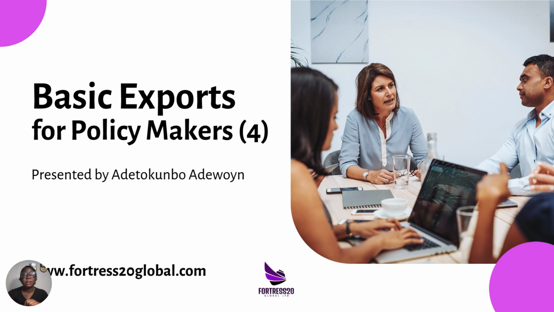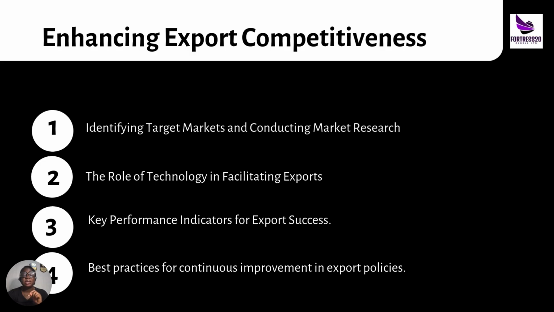In the third part, we covered supporting exporters, which was broken down into policies to support exporters, the importance of trade agreements and partnerships, common barriers to exporting, and the strategies to overcome these barriers. In this fourth part, we'll be focusing on enhancing export competitiveness.